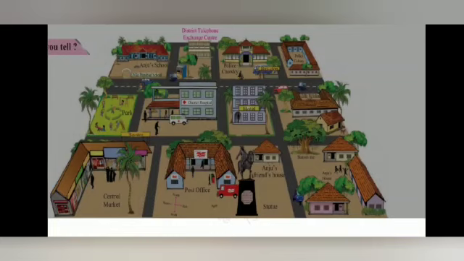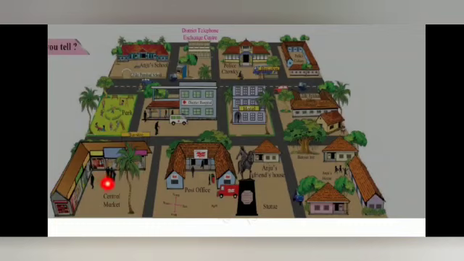There are several things on both the sides of the lane as well as the road. Let us see each and everything very carefully. Children, I want you all to remember all these places.